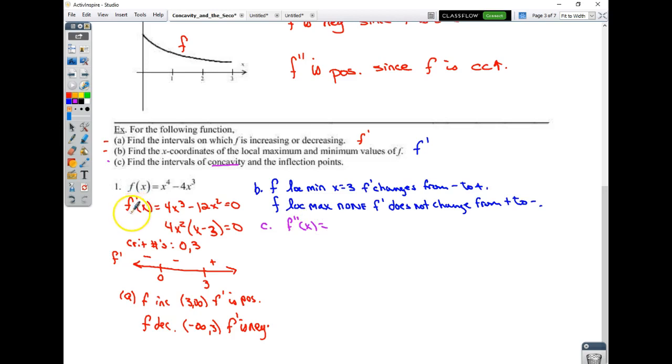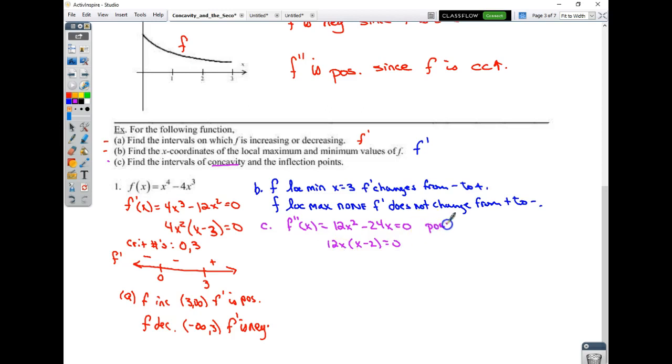So I go back over here to f prime of x, and I take that derivative, 12x squared minus 24x, and I'm going to set this equal to 0. Now, I'm not going to call this critical numbers. I'll talk about this in just a second. We get 12x times x minus 2 equals 0. So now we have possible points of inflection, and that's what they're going to be called.